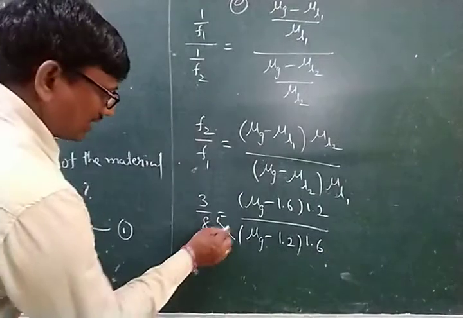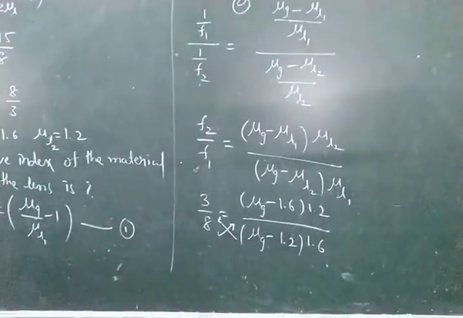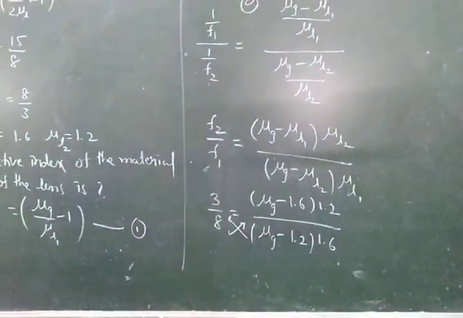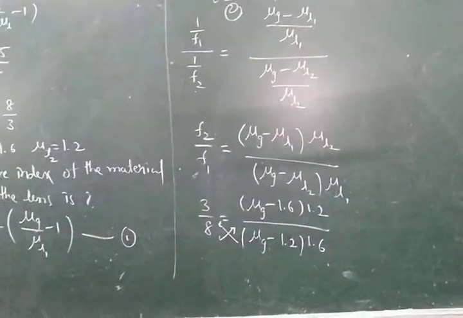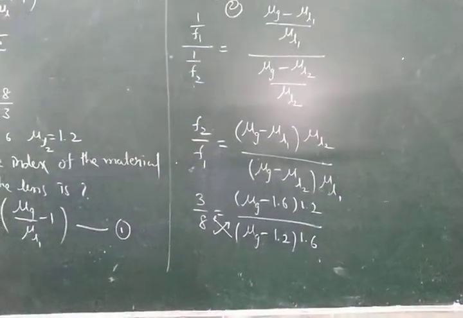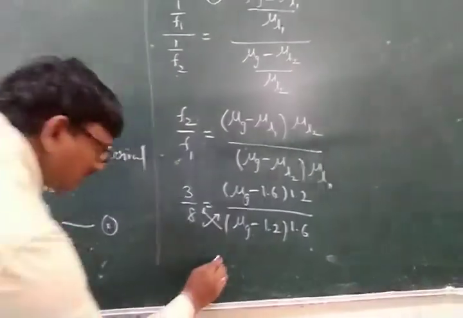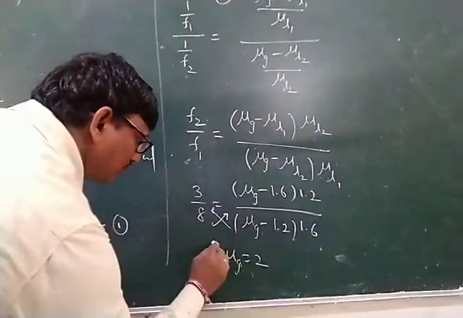Then we take the cross multiplication. Finally we get the answer: the refractive index of the glass is equal to 2.